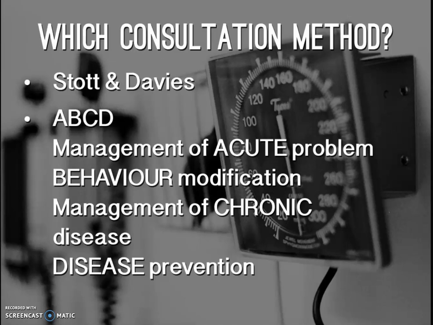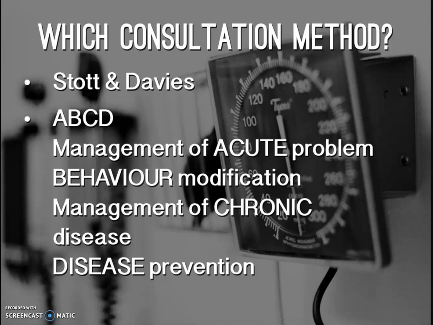A stands for management of acute problem, B, behavior modification, C is management of chronic disease, and D is the disease prevention. Remember, when a patient comes to a primary care clinic, it's not necessarily they come only with the chronic problems.